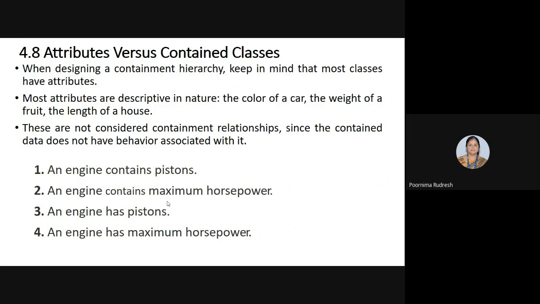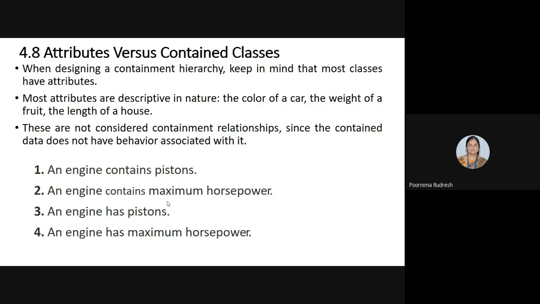These are examples of the descriptive nature of attributes. Such attributes are not considered containment relationships, because the contained data does not have behavior associated with it. They don't consist of behavior, they only contain data. That's why they are not considered containment relationships.